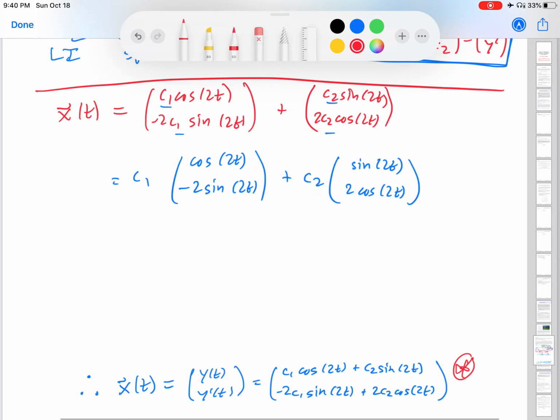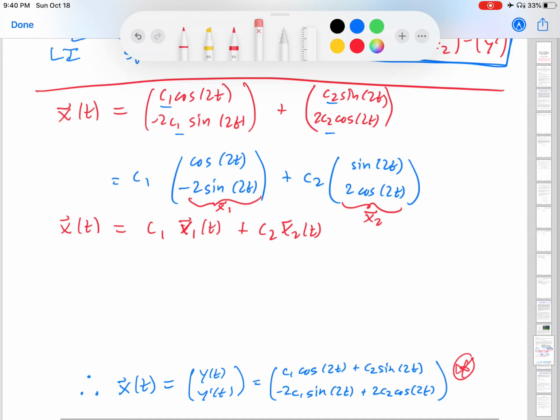Then I'm going to introduce some new vectors here. All of this work has shown us that the x of t vector valued solutions all have the form c1 x1 of t plus c2 x2 of t, where this is x1 and this is x2.